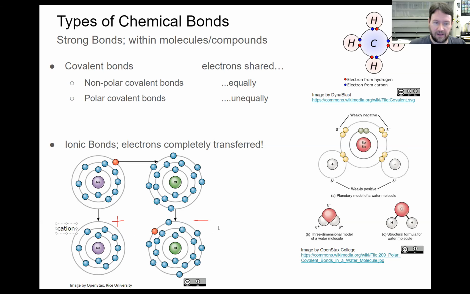The sodium cation is called sodium or sodium ion. And then chlorine becomes an anion. In this case, it's the chloride anion. So that's just the technical terms for whether an ion is positively charged or negatively charged.